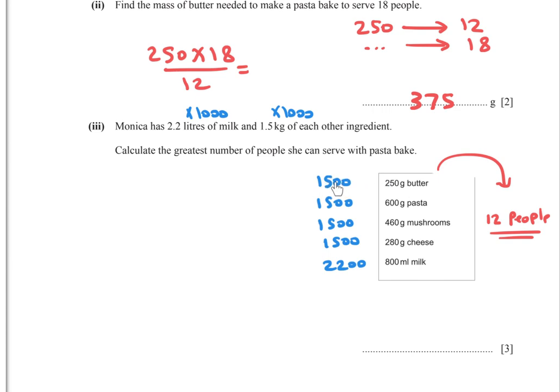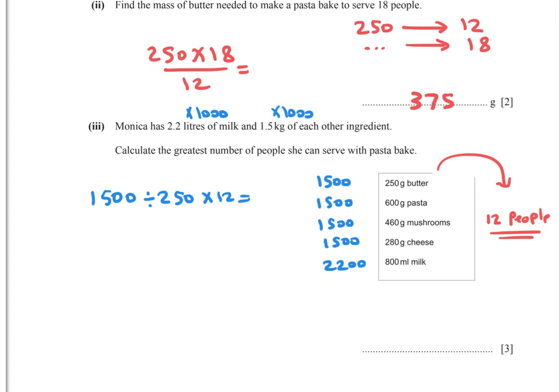To find how many people 1500 grams of butter is enough for, you need to divide 1500 by 250, then multiply by 12. So 1500 divided by 250, then multiply by 12 to find the number of people with 1500 grams of butter. You can do the same for all.